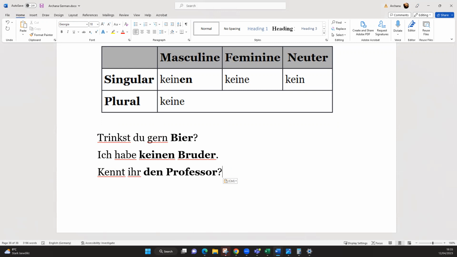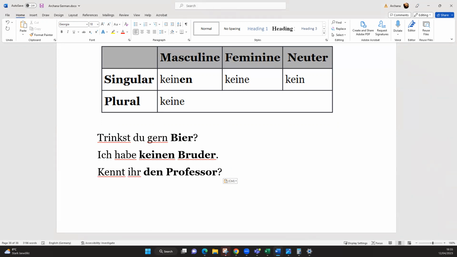Very simple. Do you often read books? Liest du oft Bücher? Now, I did not say book, I said books. Books is a plural form.